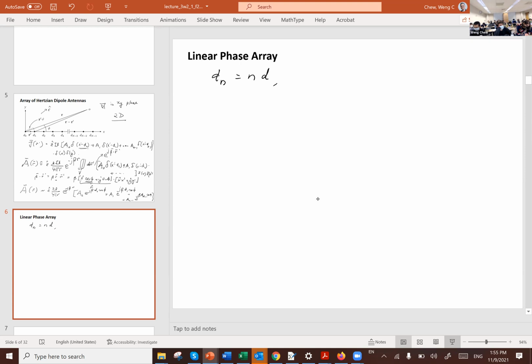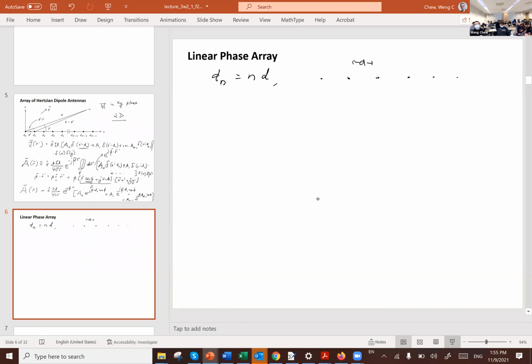Can you see that? All the Bn are equal to n times d, which means that they're all equally spaced. And if you do that, then we just have a linearly spaced array of dipoles, where the spacing between them is d.